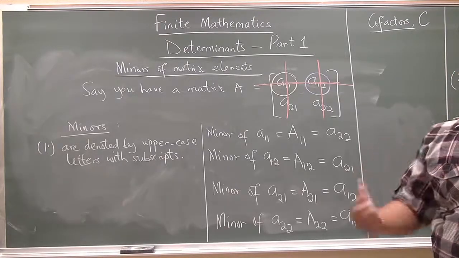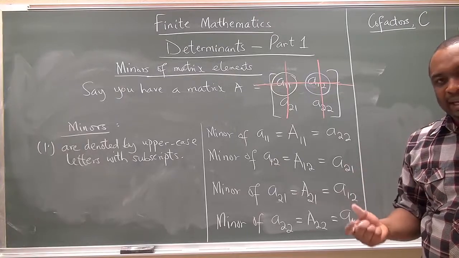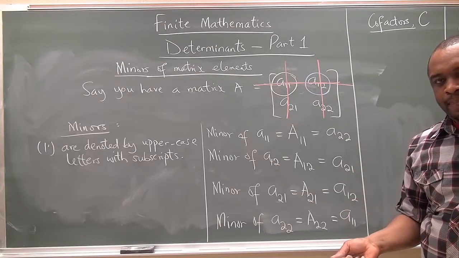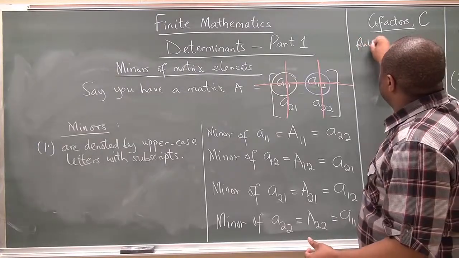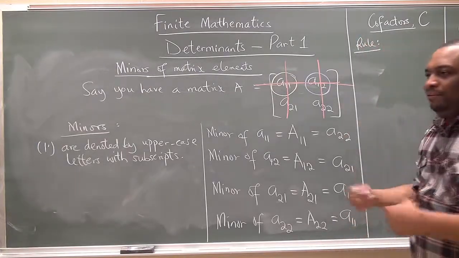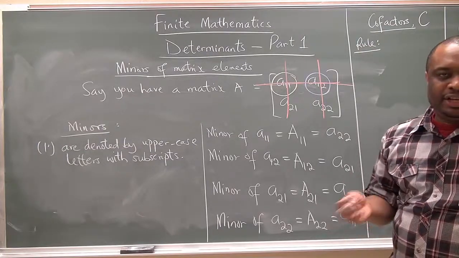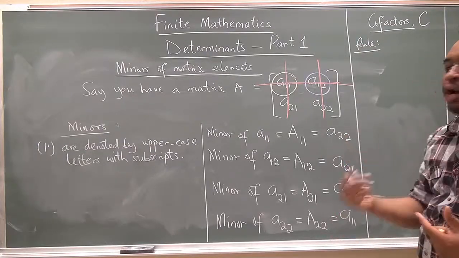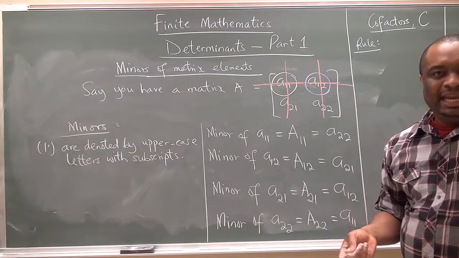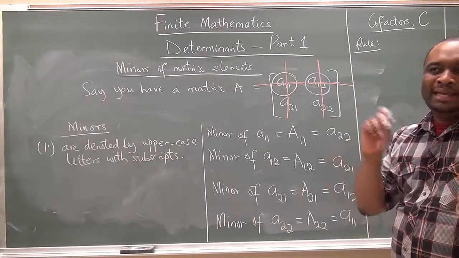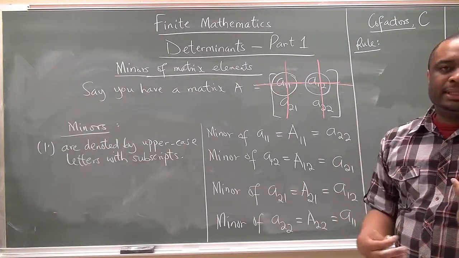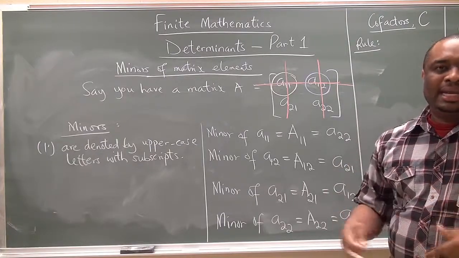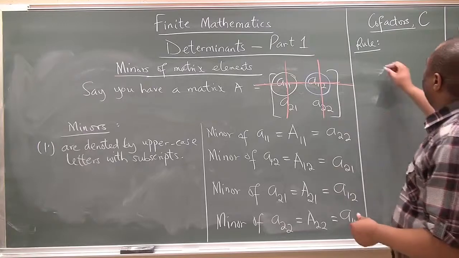Now, how do we assign signs to minors? We have a rule. The rule is, if the sum of the subscripts is even, then assign a positive sign. If the sum of the subscripts is odd, assign a negative sign.